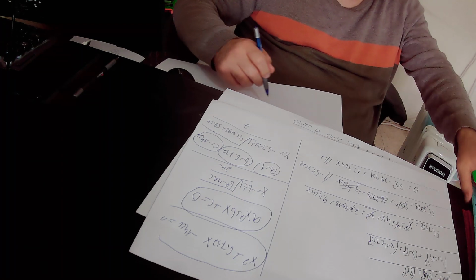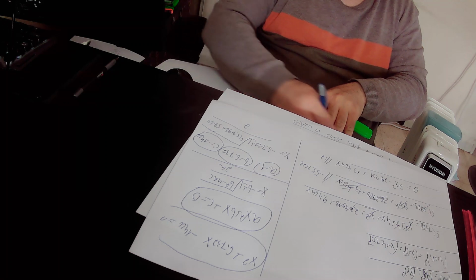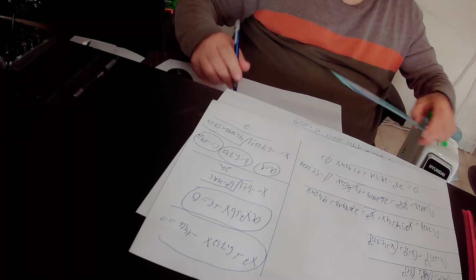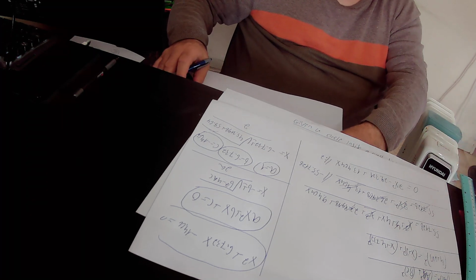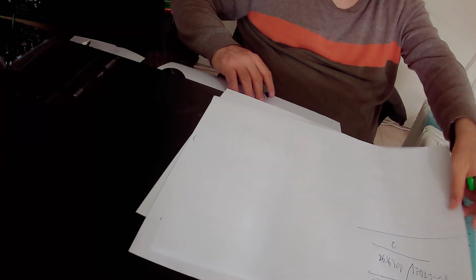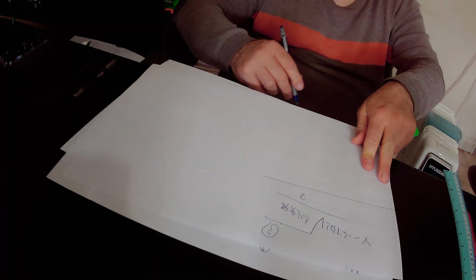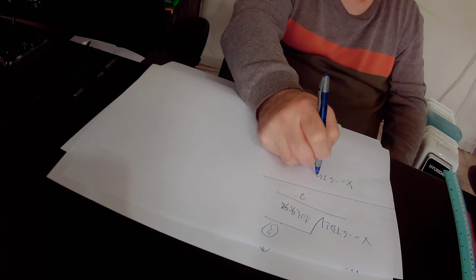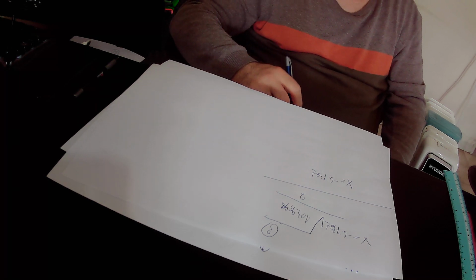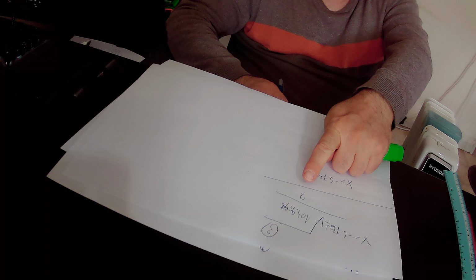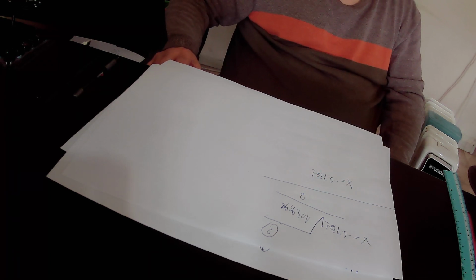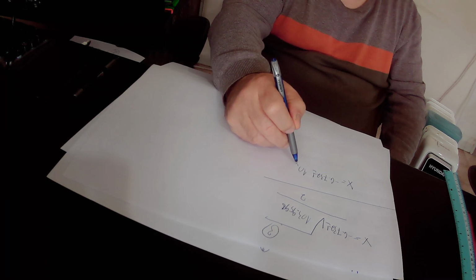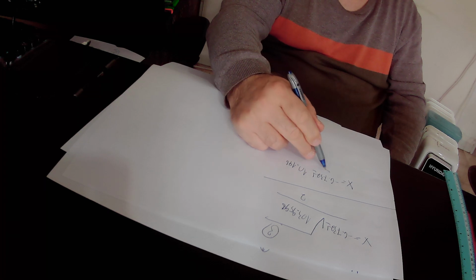So inside the root we are left only with 103.9598. So x equals minus 6.732 plus minus the square root of 103.9598, which is equal to 10.196, divided by 2.